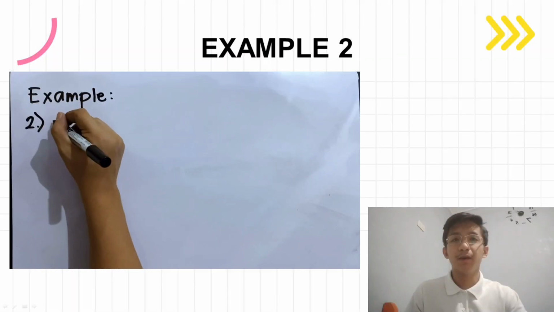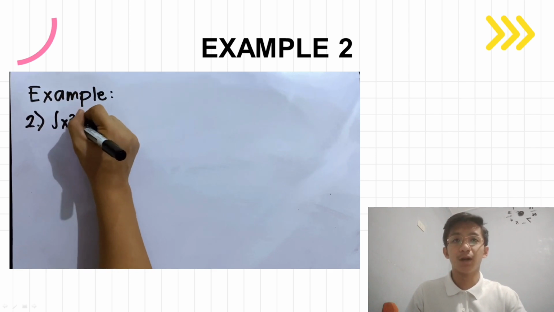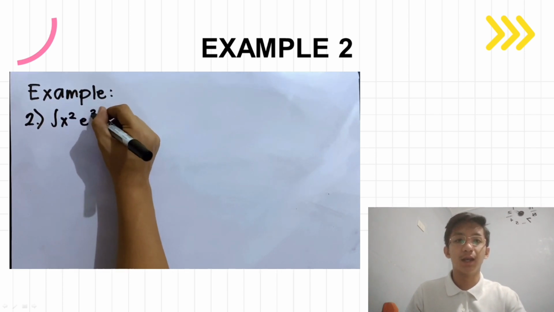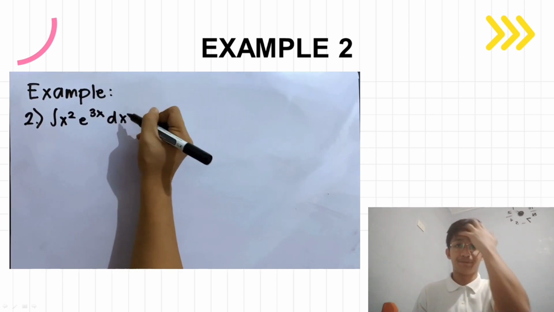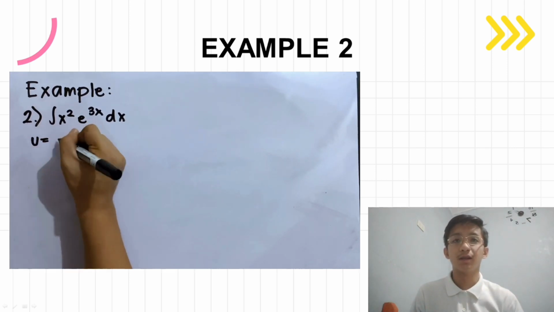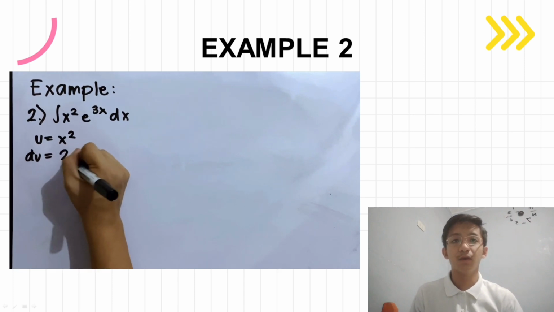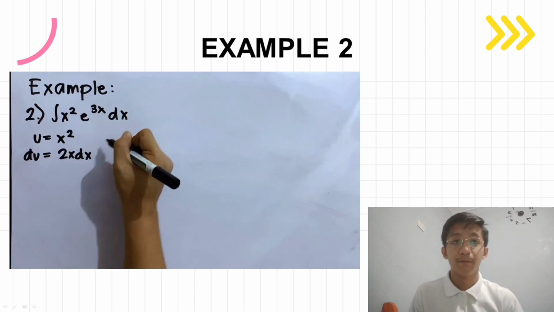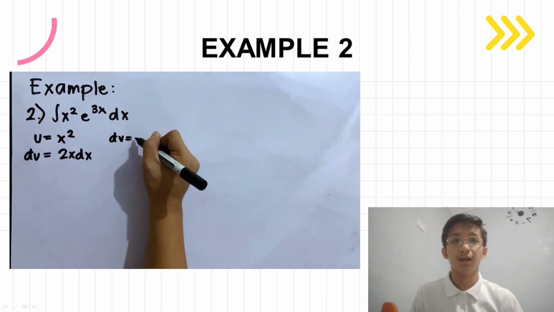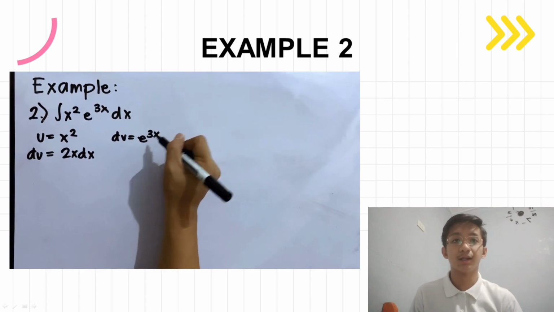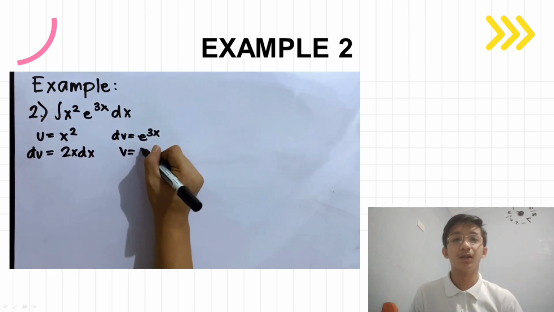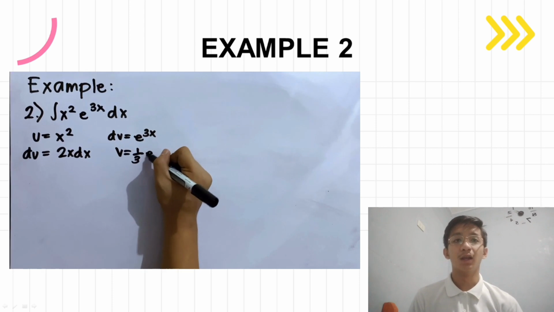Let's proceed to our example number 2. Our given is integral of x squared e^(3x) dx. Our u is x squared, our du is 2x dx, our dv is e^(3x), and our v is 1/3 e^(3x).